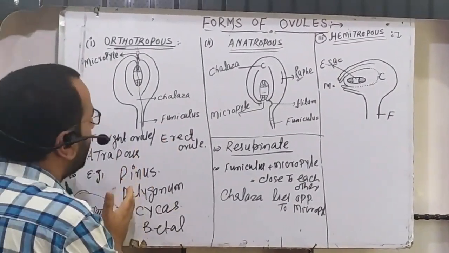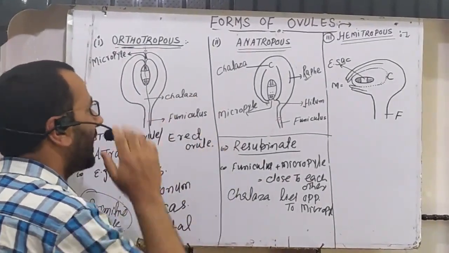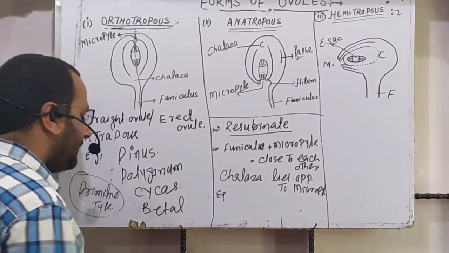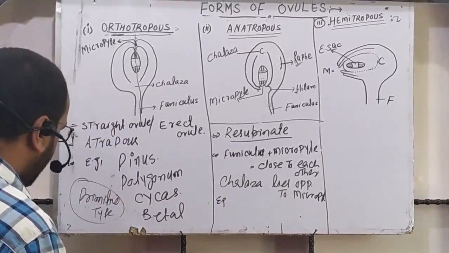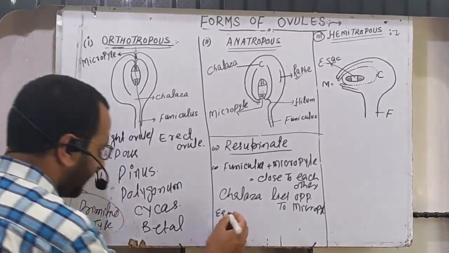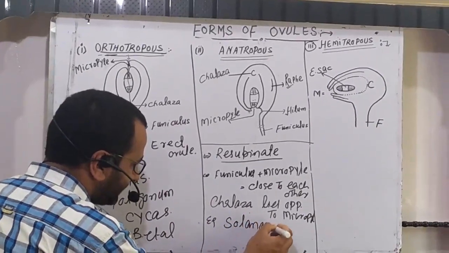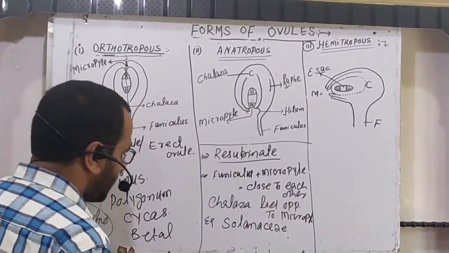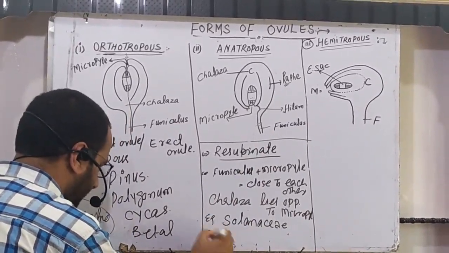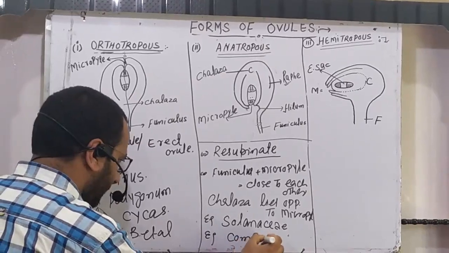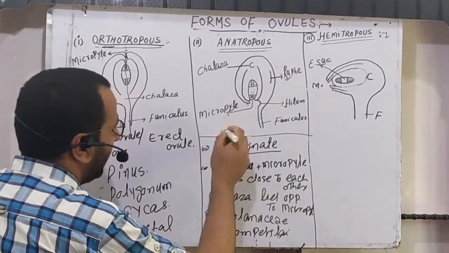Okay, this type of ovule is ortho, this type of ovule is ana. And an example of this ovule, as it is found in maximum angiosperms, is Solanaceae. Another example of this very ovule is Compositae.